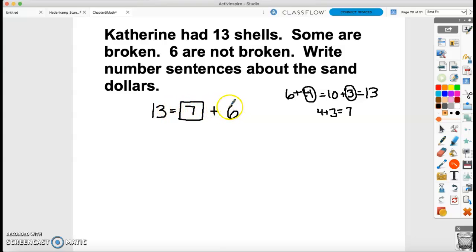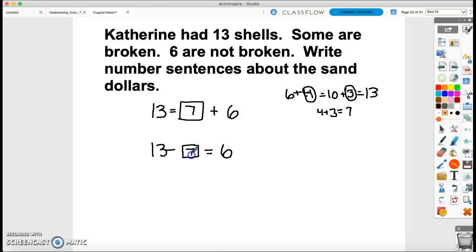Okay? Another way to do it is she has 13 shells minus some broken ones equals the 6 not broken ones.